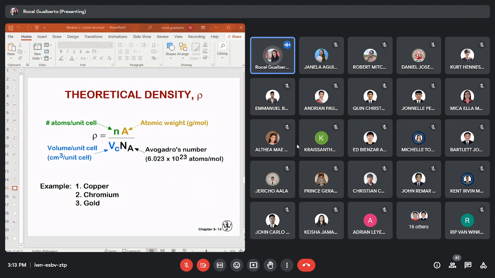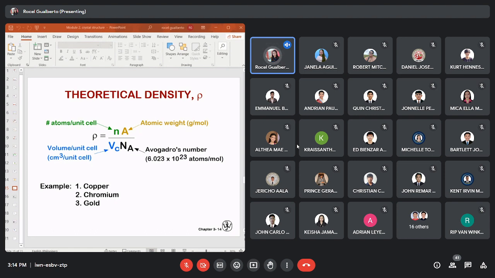So a certain portion of the whole, yun po yung natitira doon sa atin na unit cell. Ina-identify po natin yung bilang, gaano kadami, and pag tinotal po natin lahat yung mga portions na naiwan in a unit cell, yun po yung atoms per unit cell na dinidefine po natin.